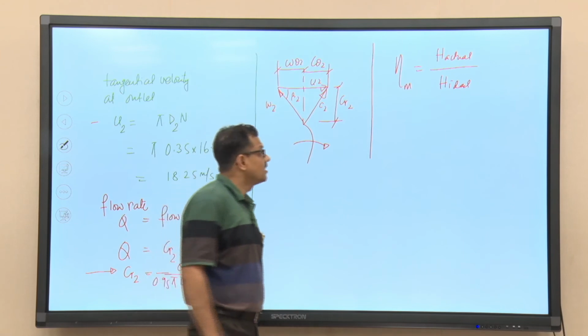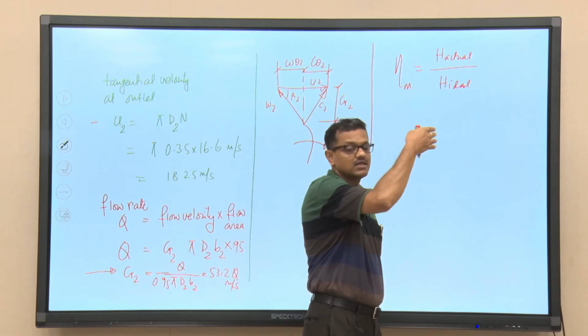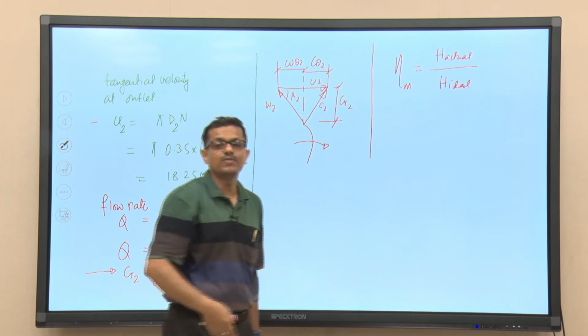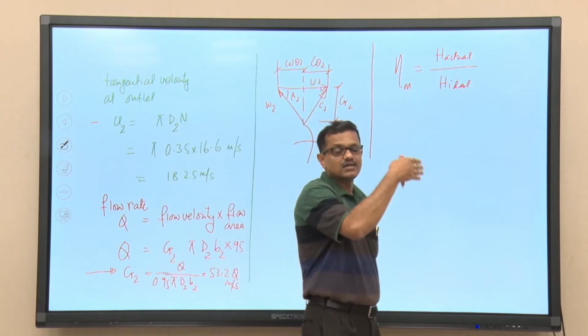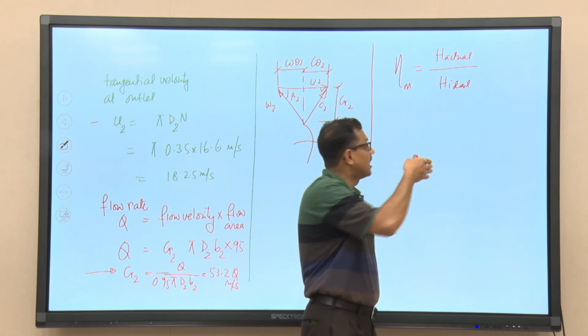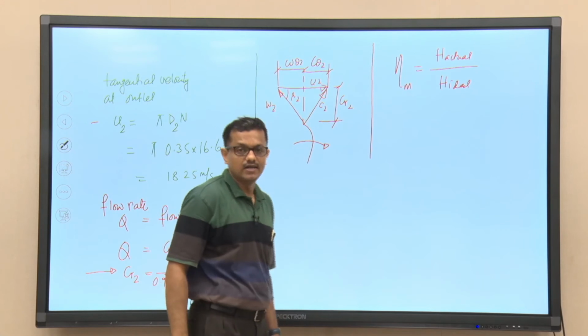So, naturally the head predicted by the Euler equation is the ideal head, but in reality, accounting for all the losses, the head supplied by the pump will definitely be less than the ideal head. So, to take that mismatch into account, one efficiency called manometric efficiency or hydraulic efficiency is defined.